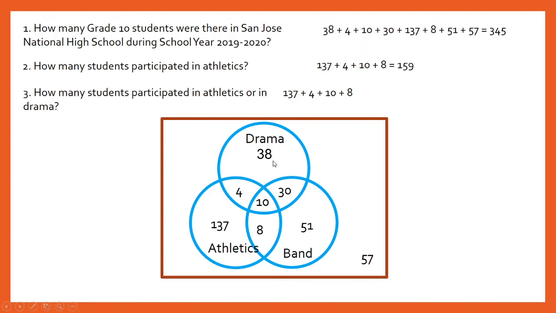So that's plus 38 and plus 30, which is equal to 227. Take note, number of students who participated in athletics or drama. Remember the keyword or. When you see an or, you just add all the numbers.